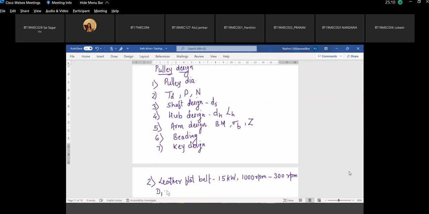Diameter of the motor pulley is given as 275 mm and the center distance between the two shafts is given as 3 meters.